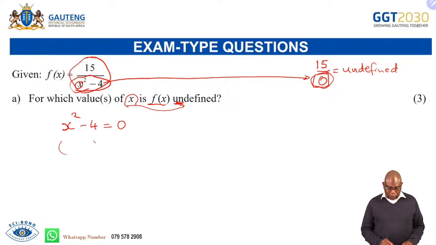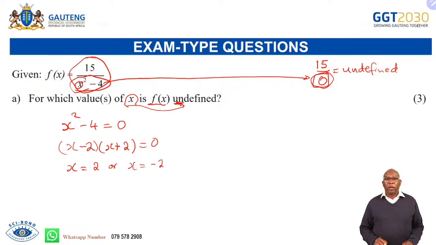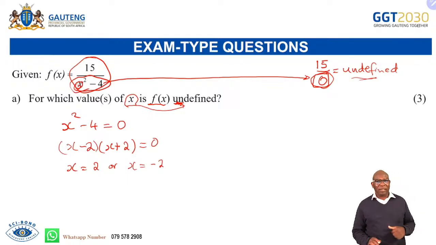Then I can factorize this: x and x, 2 and 2, a minus and a plus, which gives me x equals 2, or x equals negative 2. Which means, if I put x to be 2 here, 2 squared is 4, 4 minus 4 is 0. Then if this whole thing is 0, it becomes undefined. That question is very important.